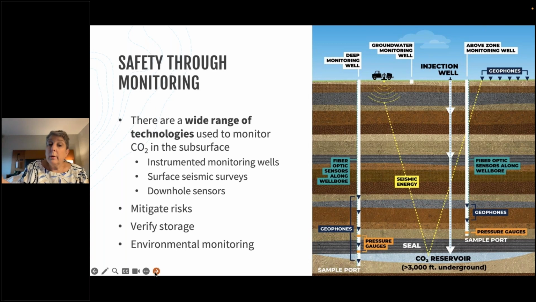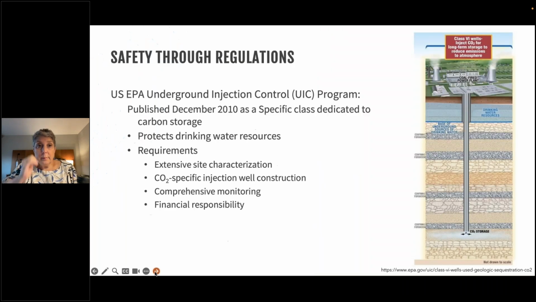So you can't just go out and do this. You have to submit a very rigorous permit application that gets reviewed by the EPA. It gets opened for public comment. There's a federal process. And once you have an approved permit, the operator is required to send quarterly data to the EPA to ensure that you are continuing to have safe injection operations.